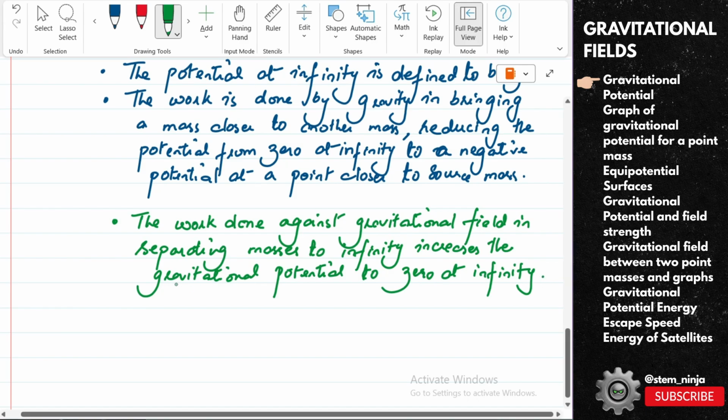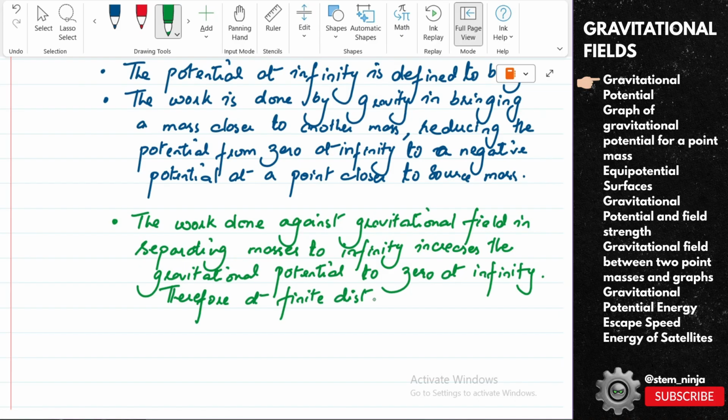So therefore, at finite distances, gravitational potential is negative.